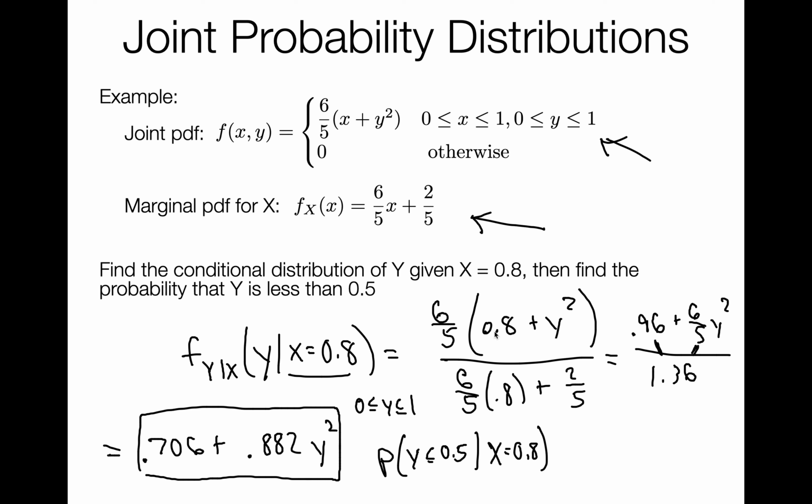Even though x isn't present anymore over here, there's still the implication that I only got to that distribution that I have circled, or that function, given that x was equal to 0.8.